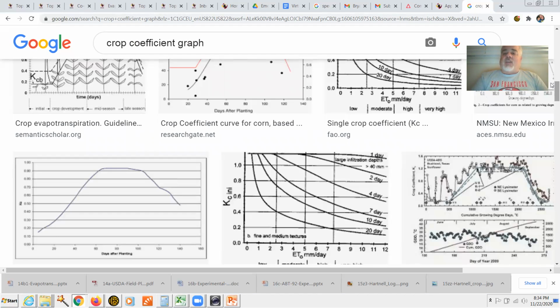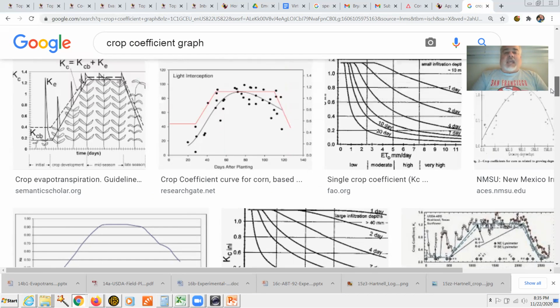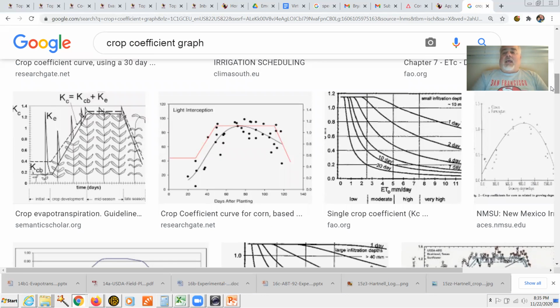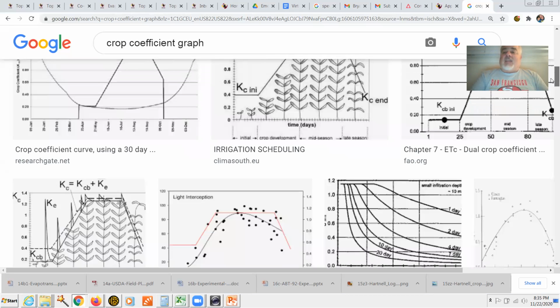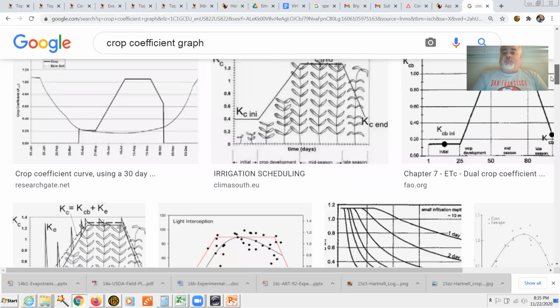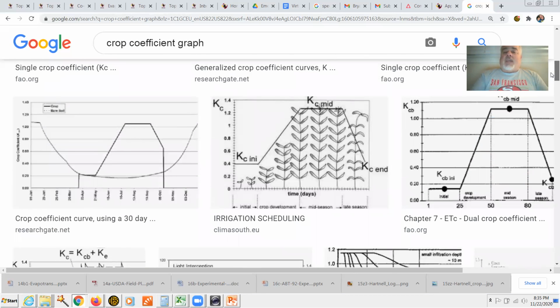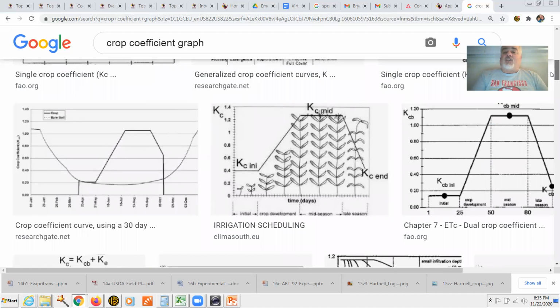Those are the things that go into placing yourself on this curve, because you can't really just use days, especially in lettuce. Days is very different in a crop planted in March versus a crop planted in June. The number of days to rapid growth is very different. So you need to find ways to get that crop coefficient.